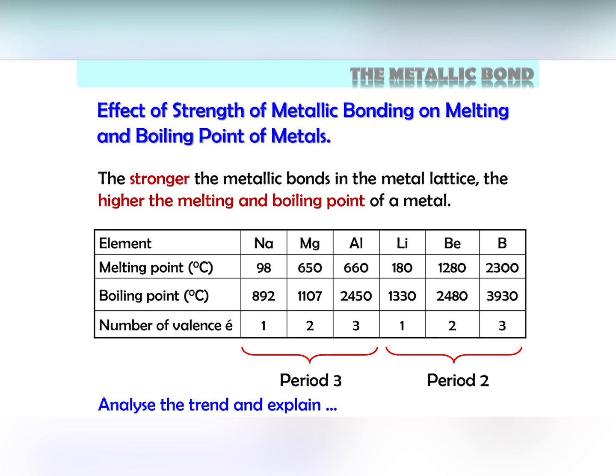Okay, alright, so for this part, lithium, beryllium and boron, sama jugalah. So you can see here, lithium ada 1 valence electron, beryllium 2, boron 3. So you can see lithium melting point 180, beryllium 1280 and boron 2300. Okay, so you can see the pattern, the trend is increase, and here also increase in melting point and also boiling point. So let's analyze into more detail.